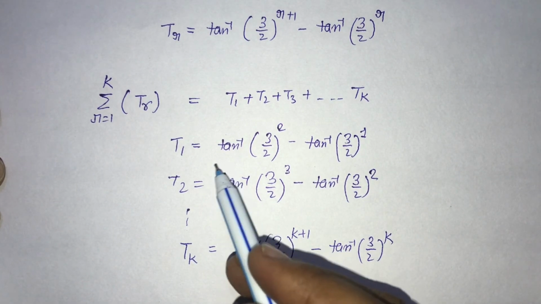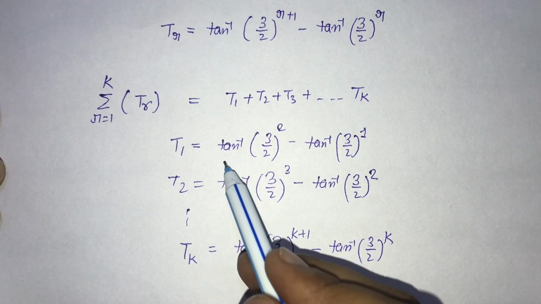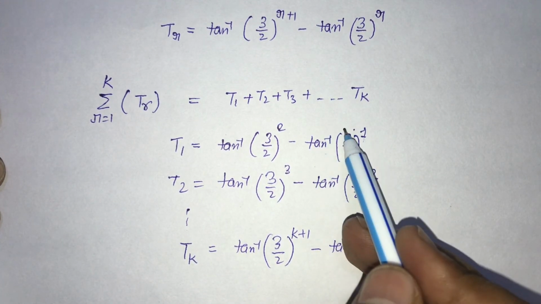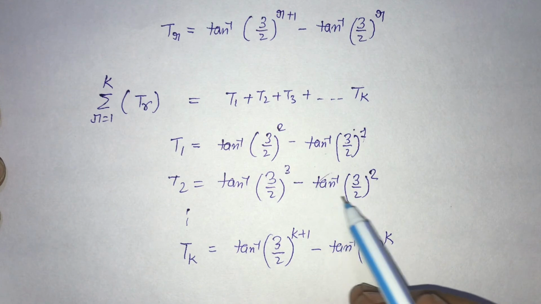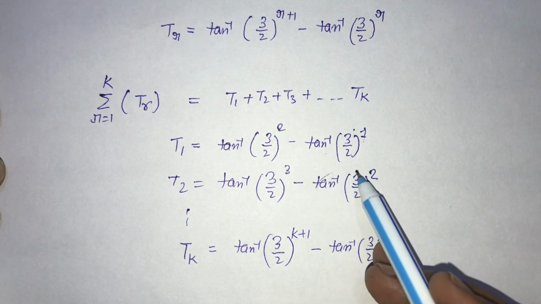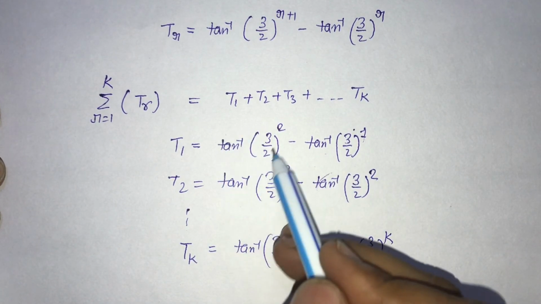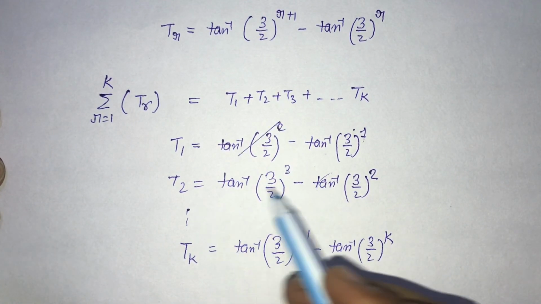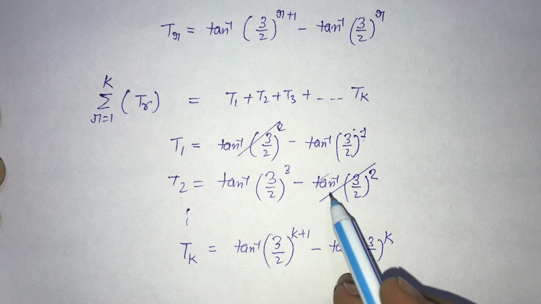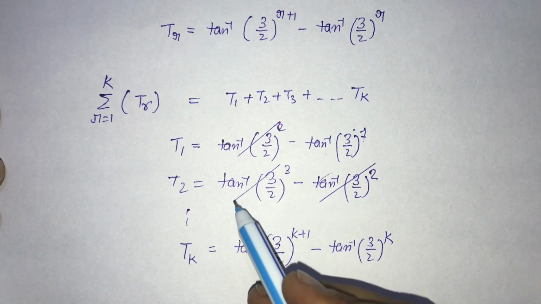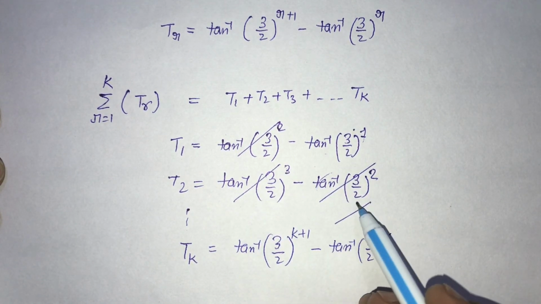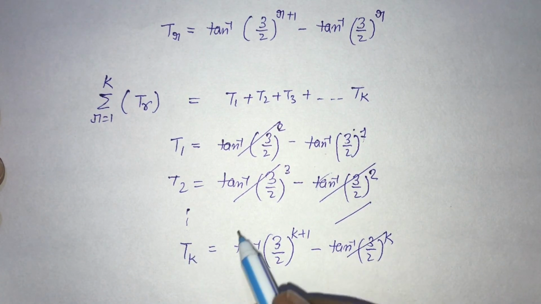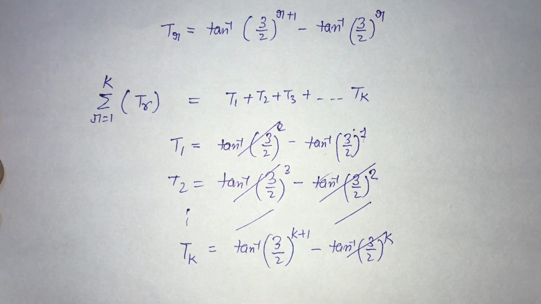So now if I add all these terms, you can see the second term of each, or you can say second term of T2, is equal to the previous term's first term. So this term will be cancelled, the next term's second term. So this will also cancel next term's second term. Similarly for Tk also, this term will be cancelled by the previous one's first term.